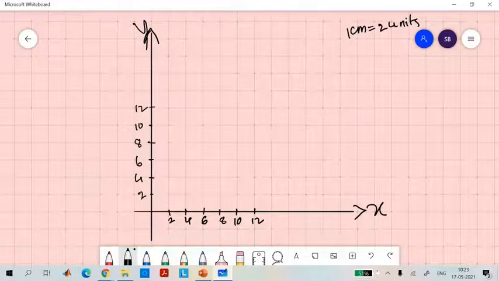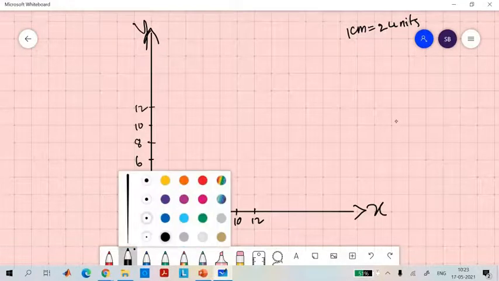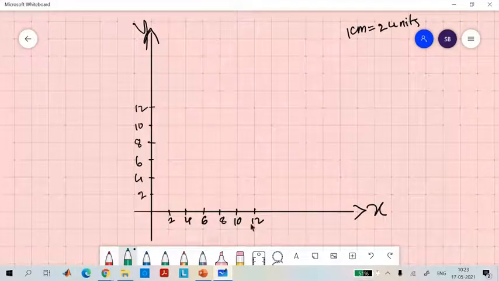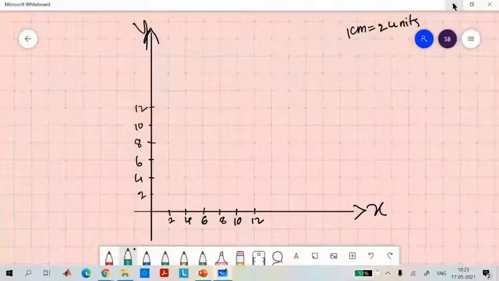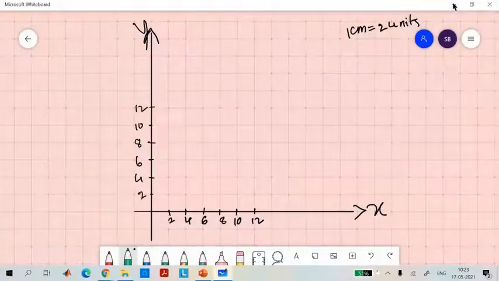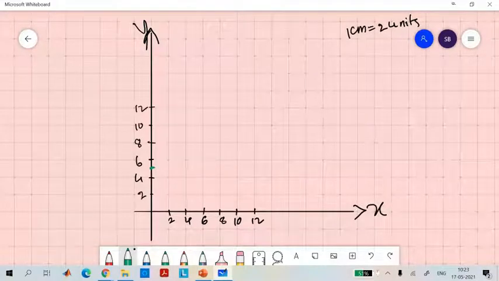Okay, we have prepared the graph. Now we need to mark the coordinates. What is the first line? The first line is x plus 2y equal to 10, with coordinates (0, 5) and (10, 0). When x is 0, y is 5, so this is one point. And the second one, when y is 0, x is 10.